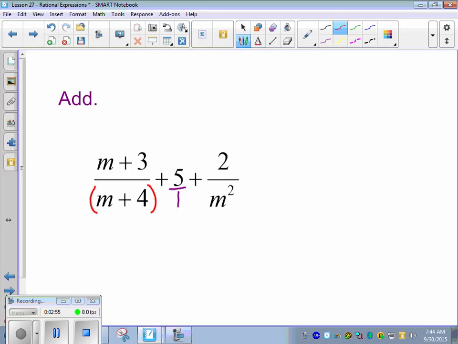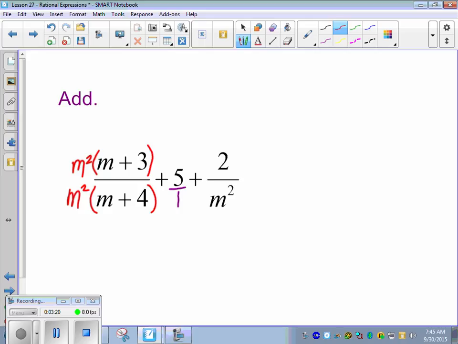So what's missing from the first fraction that the other ones might have? m squared. So I'm going to multiply the first one by m squared over m squared. And if you have some kind of addition or subtraction sign here, you want to add parentheses because you're going to have to distribute that.